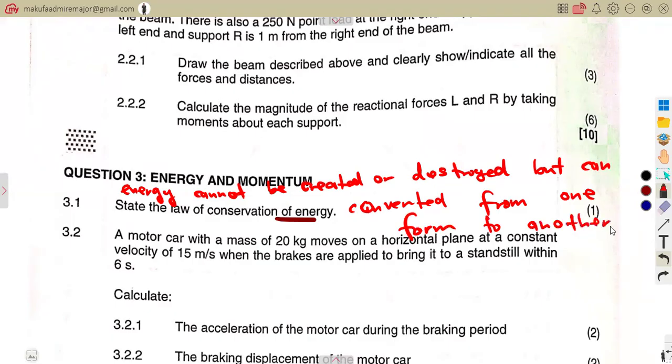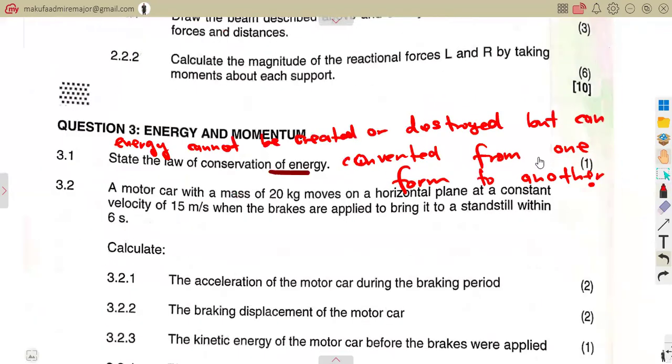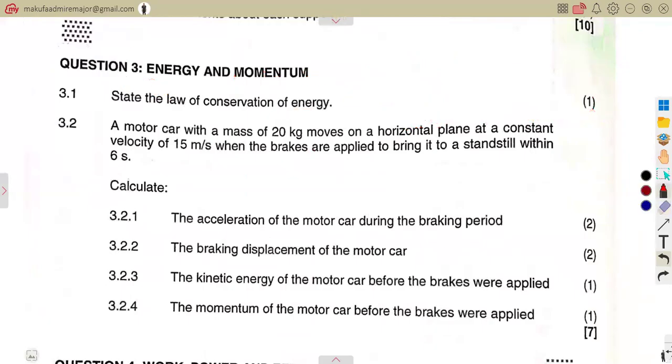So you can convert energy from one form to another, not to destroy or create it.